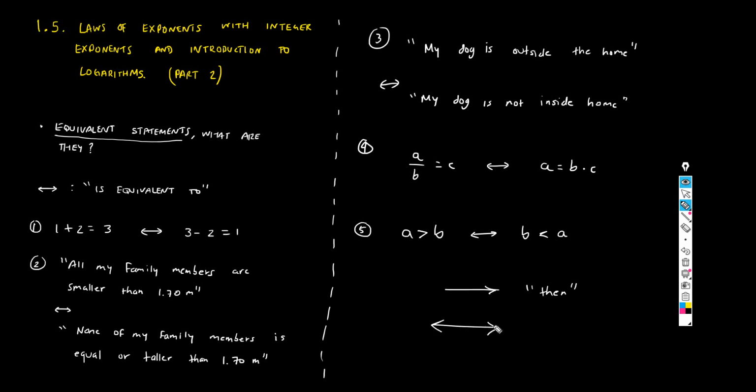Whenever you see this double arrow, you need to pronounce it as "is equivalent to." That's how you need to read this symbol. And how do we use this symbol? We use it when we talk about equivalent statements. I'm going to explain to you what an equivalent statement is by means of examples.